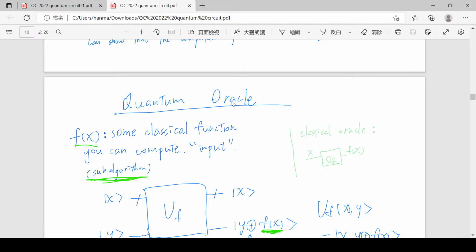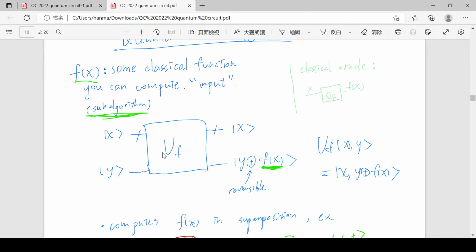The oracle idea is that you have some f of x. For now, think of this as some sub-algorithm that might be quite costly to compute, but you can compute it. You have input x and it will output f of x. And you can think of this sub-algorithm as some kind of unitary that you put in your quantum circuit.